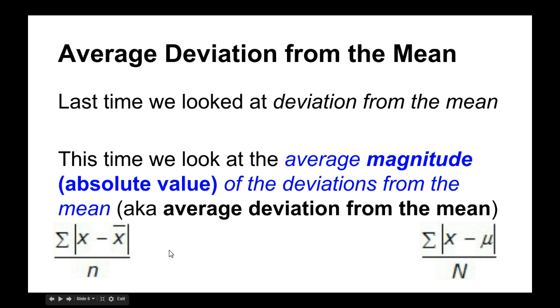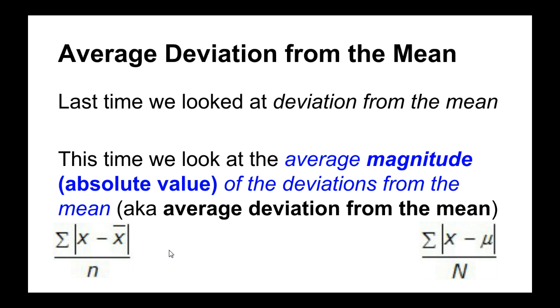Now, last time we looked at the deviation from the mean. This time we're looking at the average deviation from the mean, where we're taking average magnitudes of the deviations from the mean. That means we're taking the absolute value.